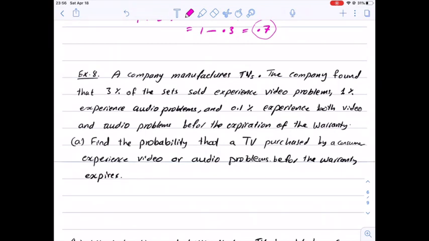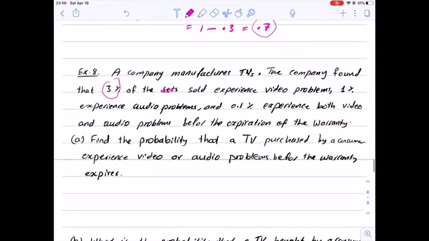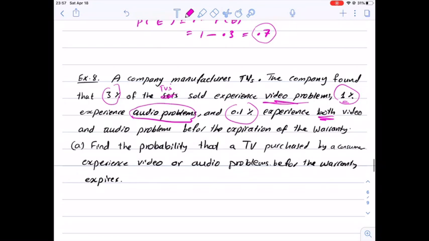Now another example. A company manufactures TVs. The company found that 3% of the sets or TVs that are sold experience video problems, and 1% experience audio problems, and 0.1% experience both, I mean the intersection, the common, video and audio problems before the expiration of the warranty.